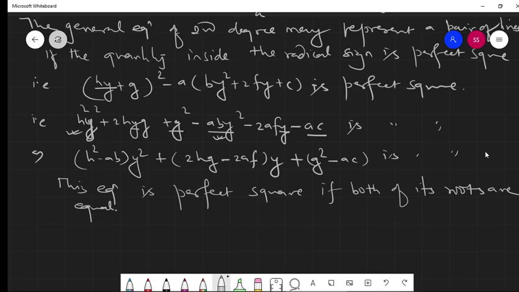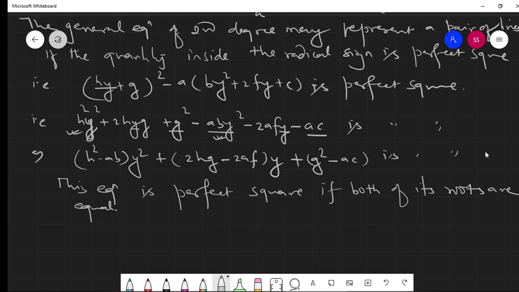If it is 0, then what will happen: x equals minus b plus minus square root of b square minus 4ac, by 2a. If this term is 0, then both roots will be minus b by 2a, that's why it will be a perfect square.